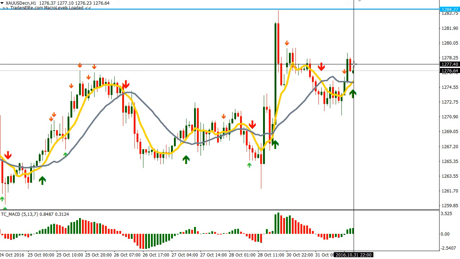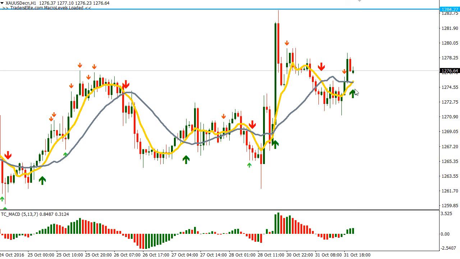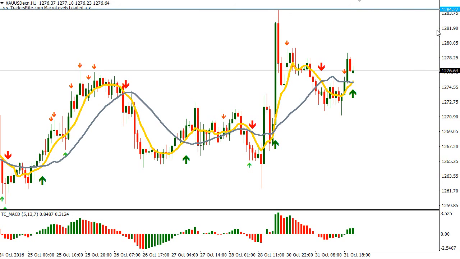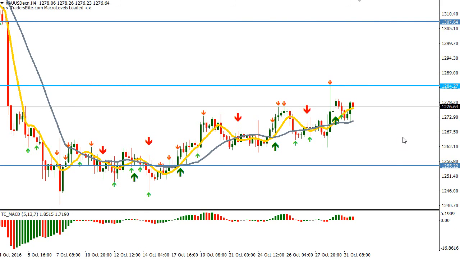It's always good to see a little bit of momentum, and we've got around 300 pips or $3 on the gold price for a stop, positioning our stop just below that crossover point, and we've got to the next macro level. We've got almost 700 pips or $7 in the gold spot price. So that would be a fairly reasonable one to catch, and we may take a look at that further on.